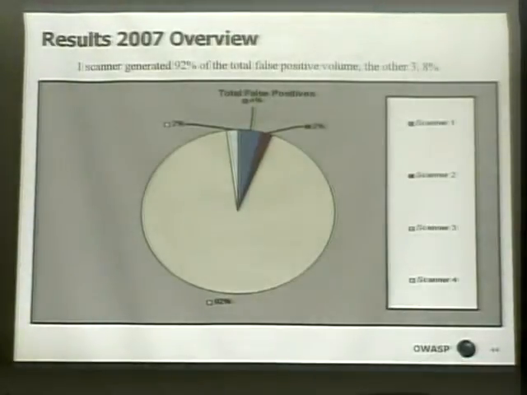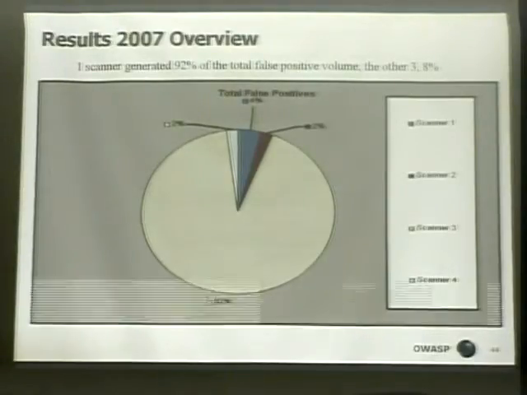And so here's just to go back over the 2007 results. One of the scanners, which was actually the one that was least amount of time in the market, generated 92% of the total findings and false positives. So it had false positives in the thousands, where the other ones were grouped closer together.